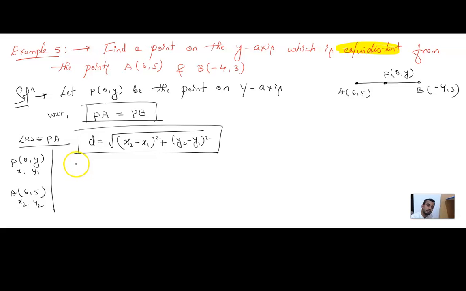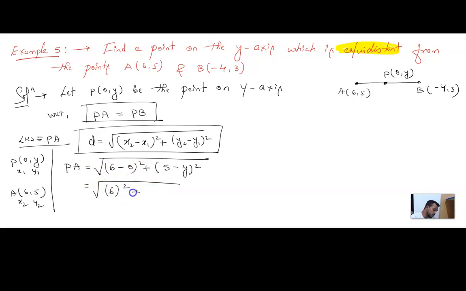This is our distance formula. So between which points are we finding the distance? That is P to A. So PA is equal to root of x2 minus x1 whole square, plus y2 minus y1 whole square, that is root of 6 minus 0, that is 6, whole square plus 5 minus y whole square as it is.